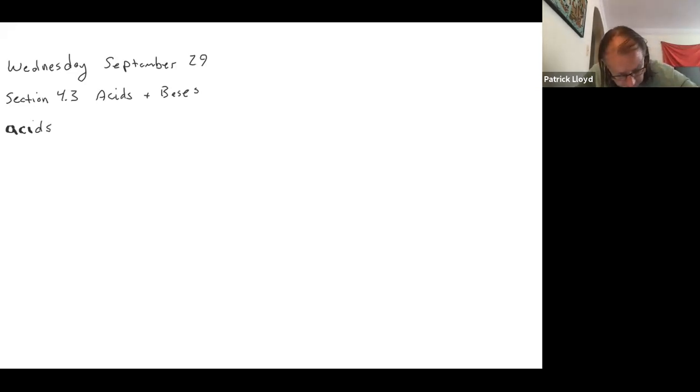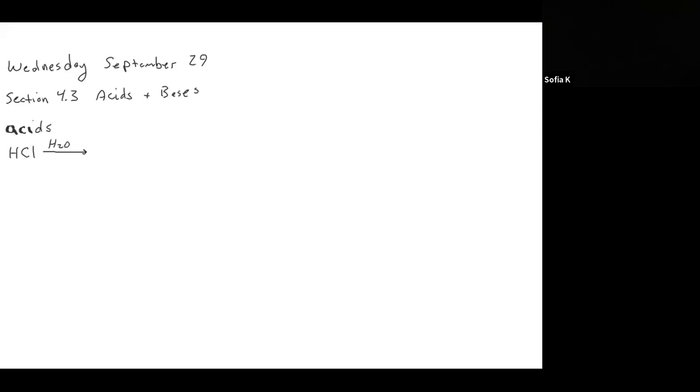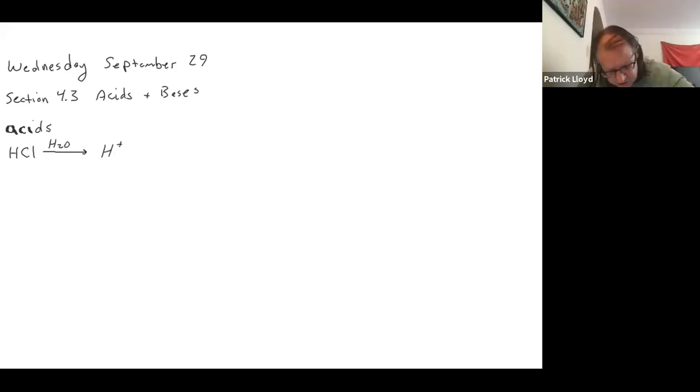One is that it's some sort of substance that when you dissolve it into water, it forms the hydrogen ion, which is hydrated by water, and a counter ion, an anion, that is now separated from the hydrogen ion. But there's another idea of what an acid is, and that is it's something that forms the hydronium ion.